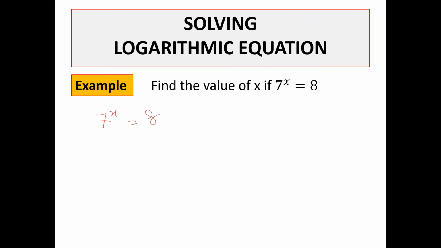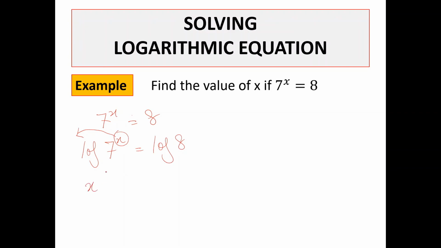Okay, so to find the value, the easiest way to find the value of any log is by considering log base 10. So we log both sides with log of base 10. So log 7 to the power of x equal to log 8. Okay, so now we have log 7 to the power of x. So applying law number 3, we can bring this x to the front.